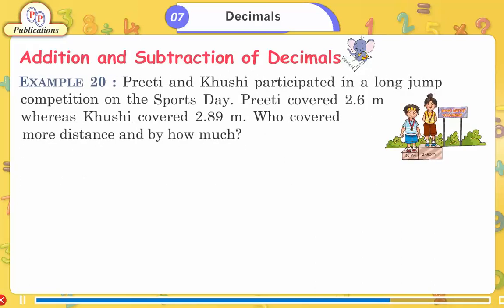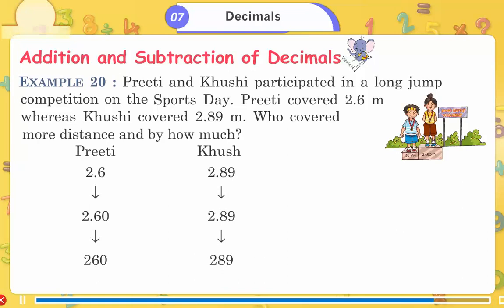Example 20. Preeti and Khushi participated in a long jump competition on the sports day. Preeti covered 2.6 meters whereas Khushi covered 2.89 meters. Who covered more distance and by how much? Preeti 2.6 is 2.60, which is 260.